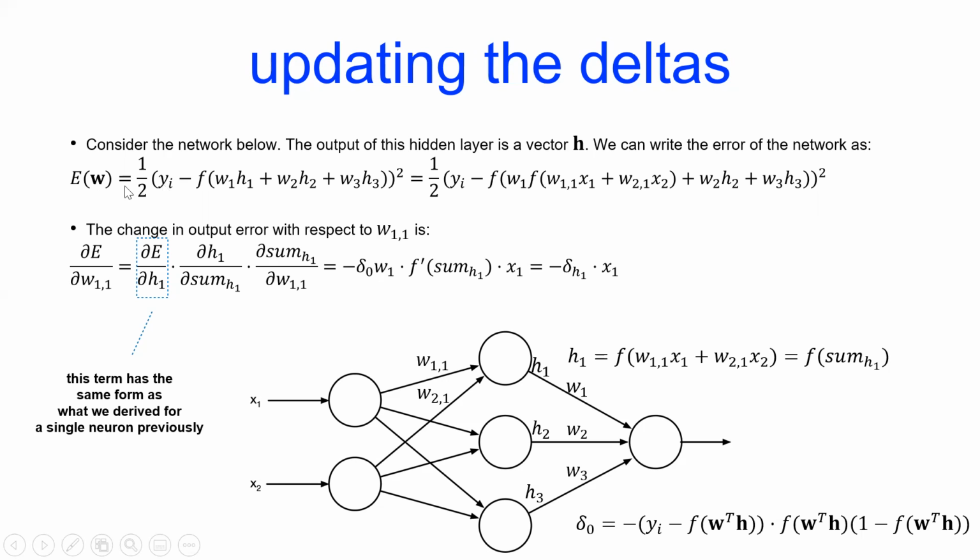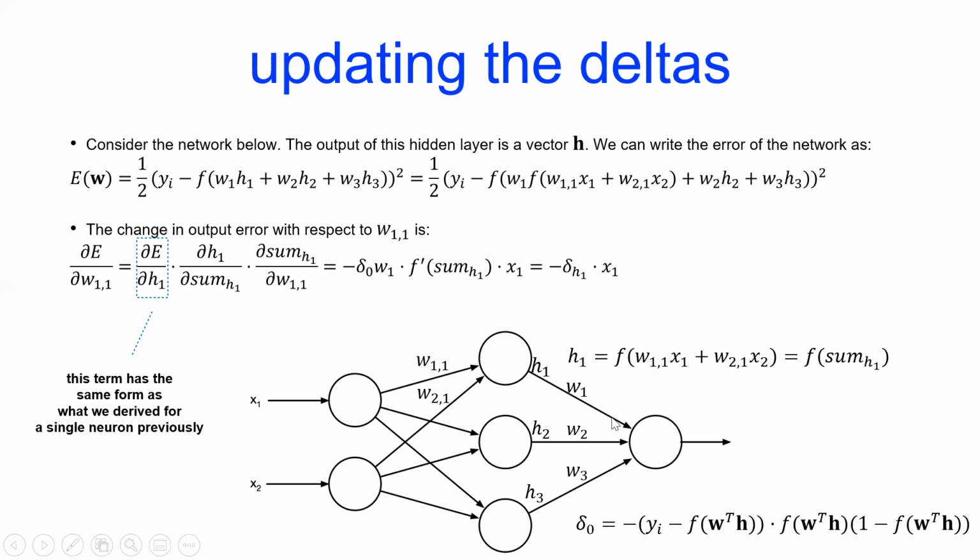Now the error is still defined as yi minus f(W1 H1 plus W2 H2). So essentially this W1 is this guy, W2 is this guy. So my error is only talking with these few inputs, right?